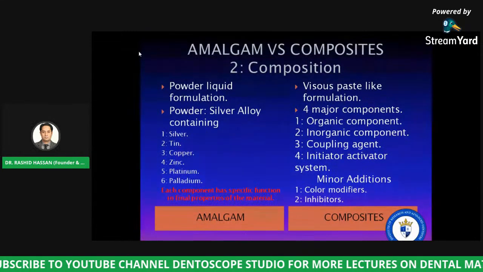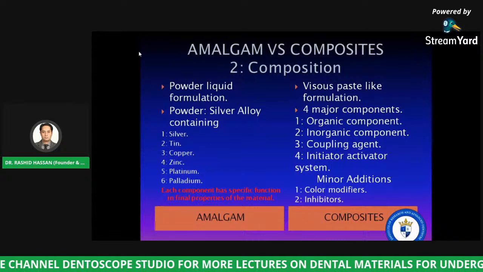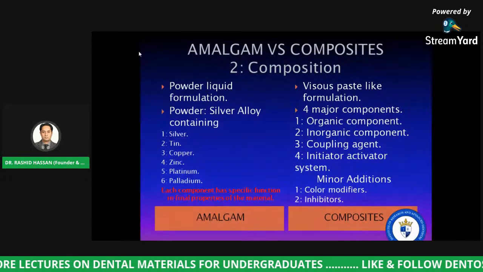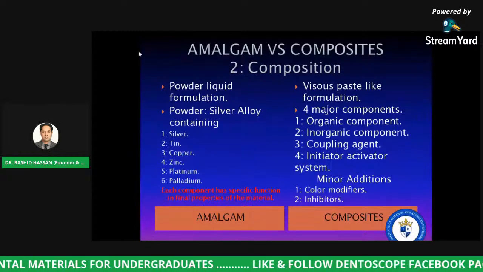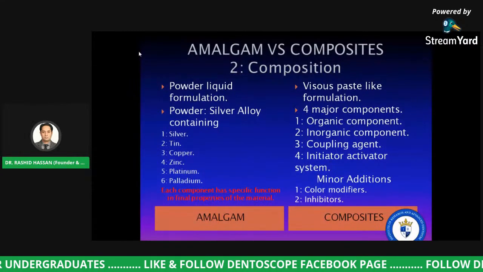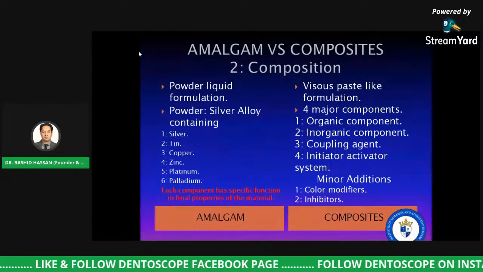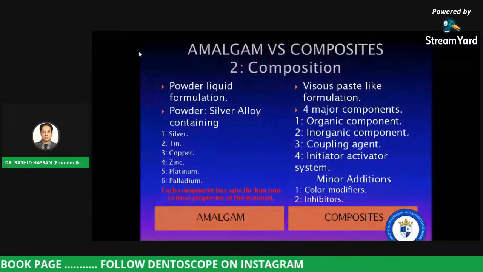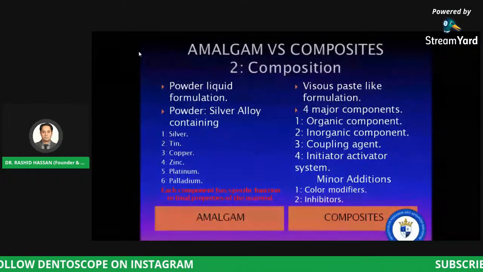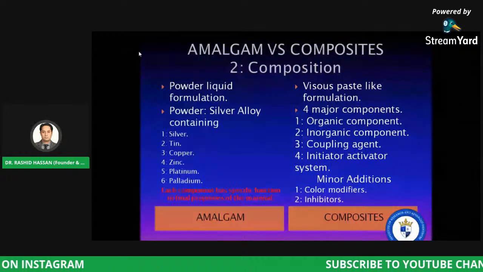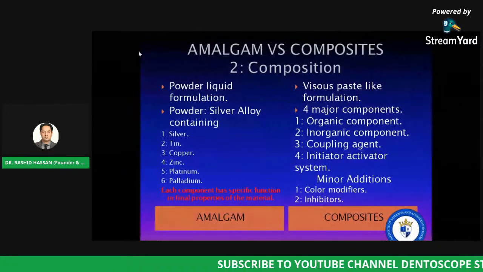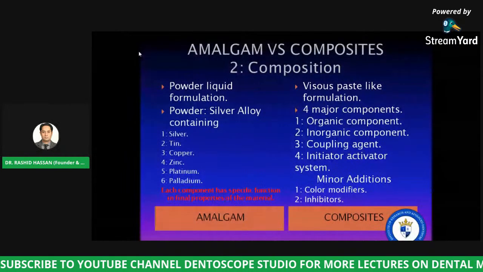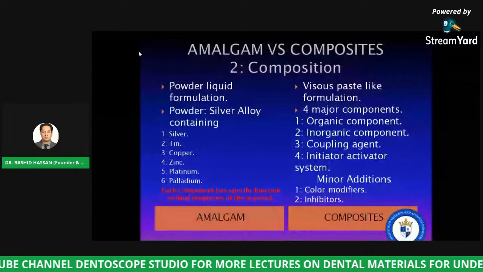These are the major components seen in the silver alloy powder of dental amalgam. Along with that, there are certain minor additions as well, but the main properties of dental amalgam are seen due to these elements: the copper, tin, silver, zinc, etc. Platinum and palladium, of course, give the grayish color to dental amalgam.